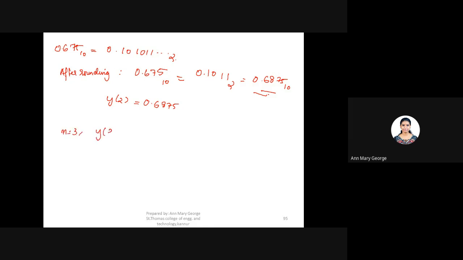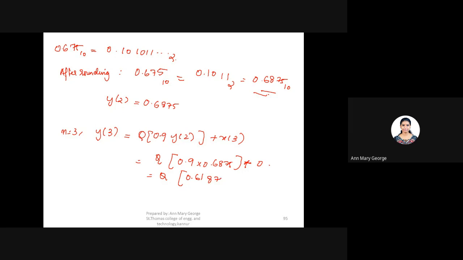Then n equal to 3. That is y of 3 will be equal to Q of 0.9 y of 2 plus x of 3, equal to Q of 0.9 into 0.6875 plus 0, that is Q of 0.61875.